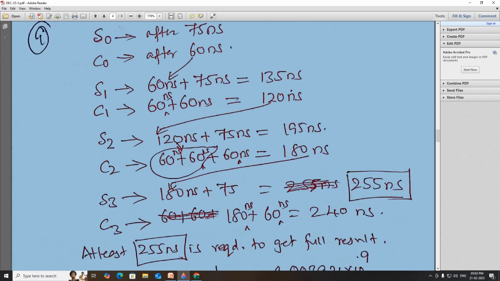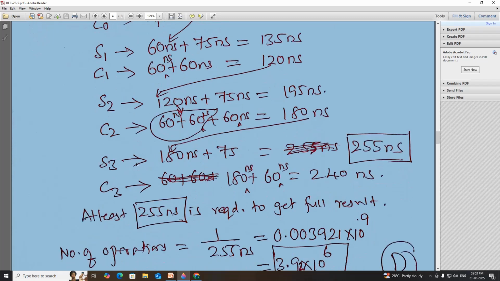For S2, this 120 becomes the delay of the carry, and then again add 75 to this, we will get 195 nanoseconds. What about the carry? This 120 plus 60, 180 nanoseconds. And for the last adder, it is 180 plus 75, 255 nanoseconds. And for the carry, it is 180 plus 60, it becomes 240.